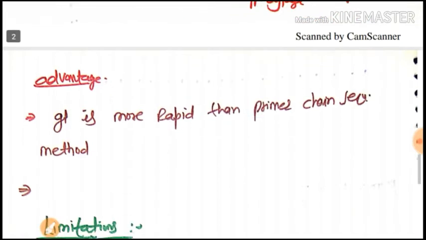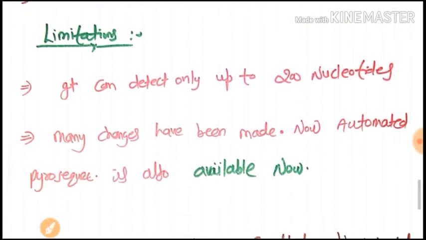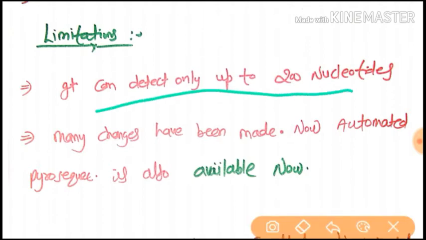But it is limited. Let's see its limitations. It can detect only up to 200 nucleotides. If you count on the Sanger method, that's more useful for sequences of more than 200 nucleotides. So many changes have been made since then. Now automated pyrosequencing is also available in the market.